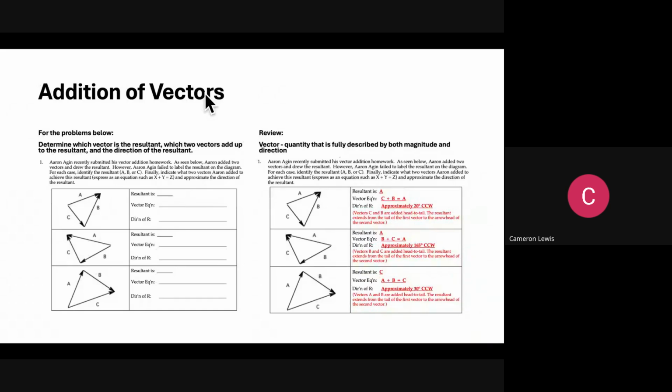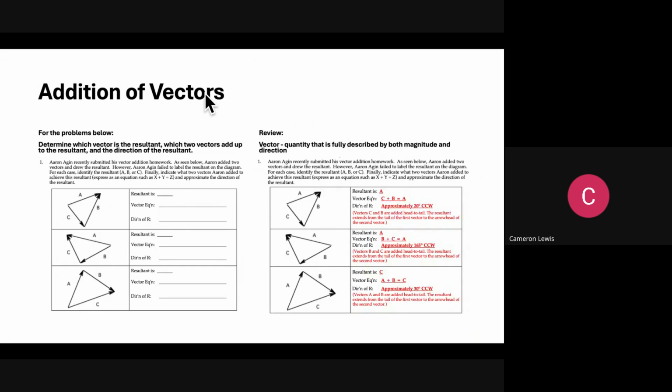So for the first one, we got the resultant A, so C plus B equals A, and then we added from tail to tail. You said 60 something, but it gave us about 20. You still got between 0 and 90, which was fine. For the second one, you were closer because you said about 170, and it was 165 for the angle, so you were in the right ballpark with the quadrant.